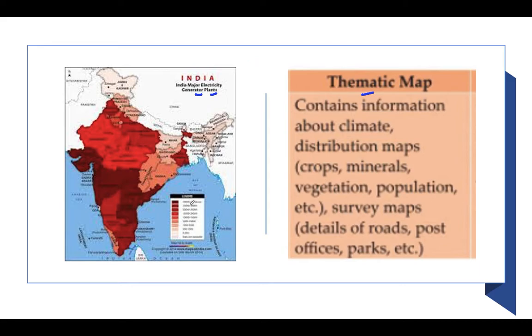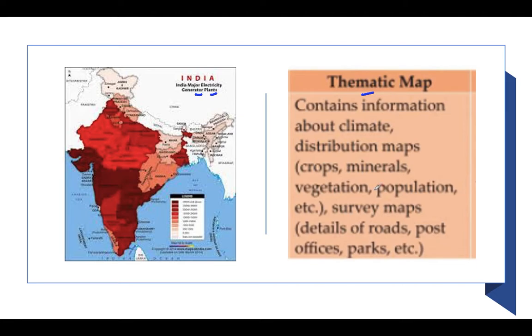If you see the West Bengal part and Uttar Pradesh, it shows the production of rice. It may also show minerals, vegetation, or population, like Uttar Pradesh being densely populated.